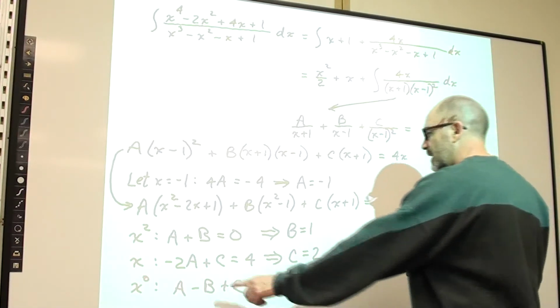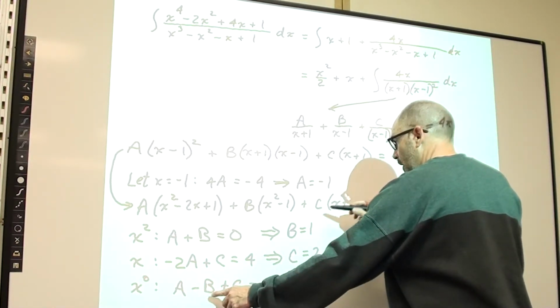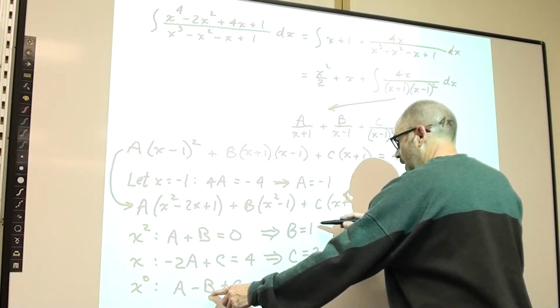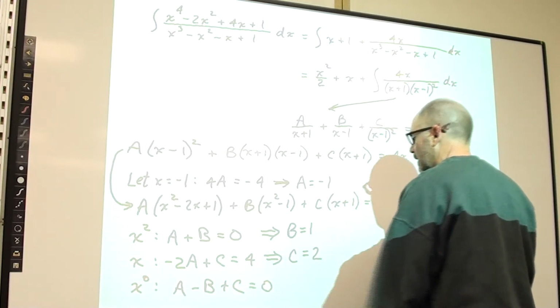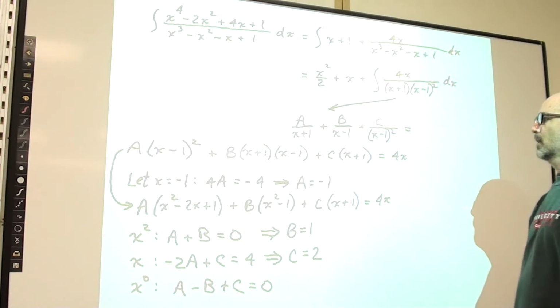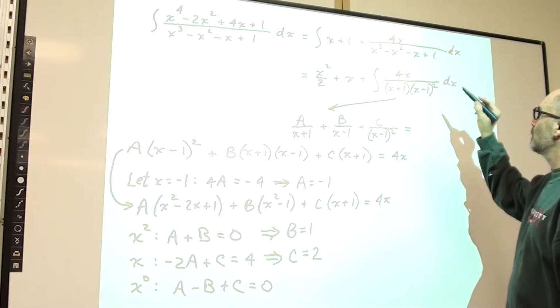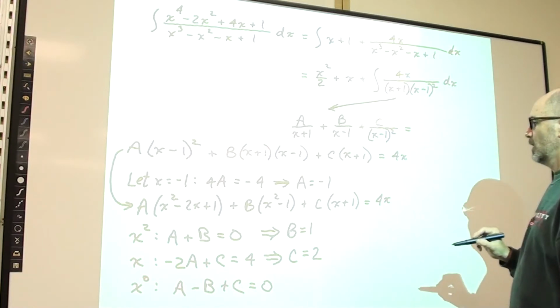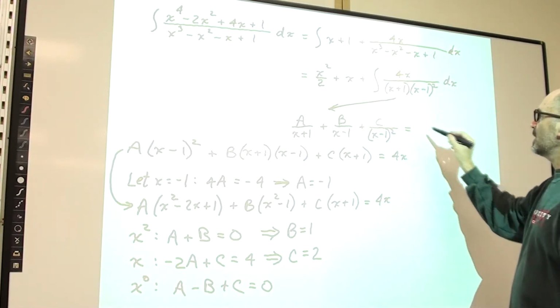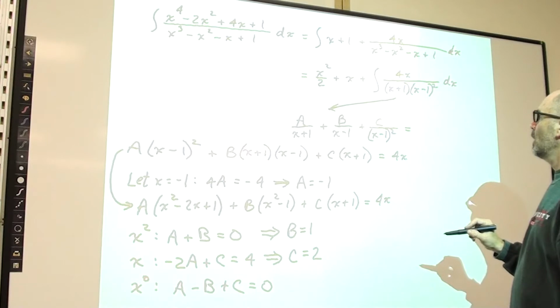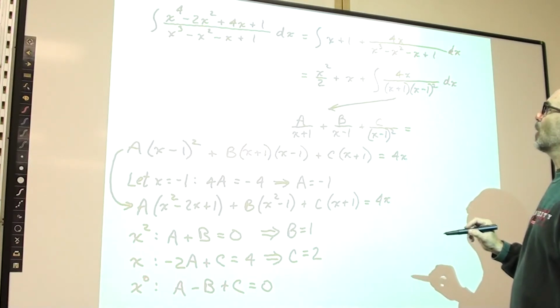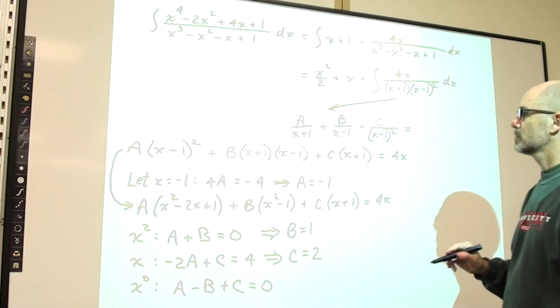Now I've got negative 1 minus 1 is negative 2, plus 2 equals 0. So everything works. Okay, that's happy. Okay, so we're back up to our original. We've got our A, B, and C. So let's do our whole integral now.